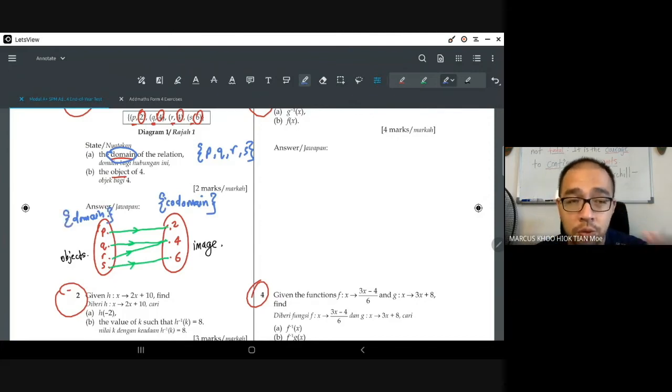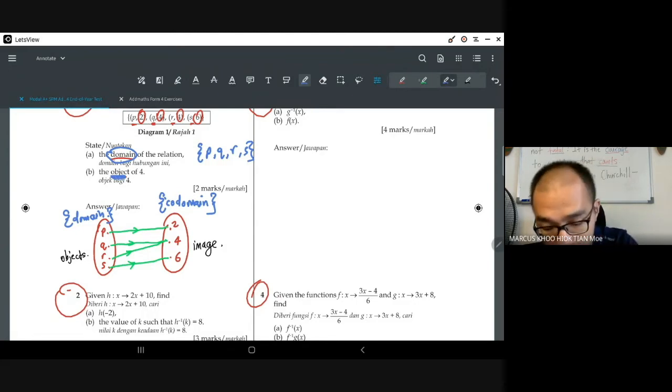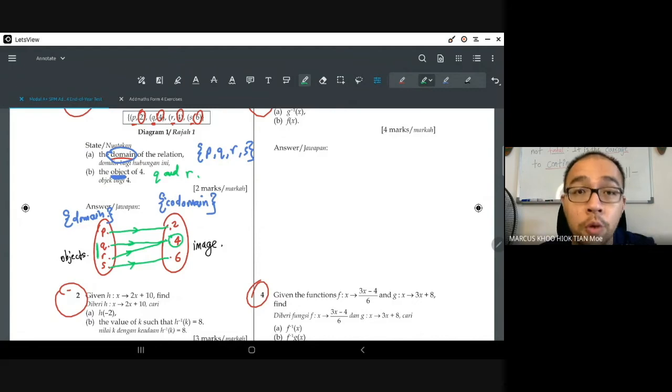If we are asked to write the object or the image, we don't write the curly brackets. So for example, the object of 4. The object of 4 means 4 is the image. So what are the objects of 4? It's actually Q and R because there are 2. So the answer for this will be Q and R. Notice that we don't write the curly brackets at the side.